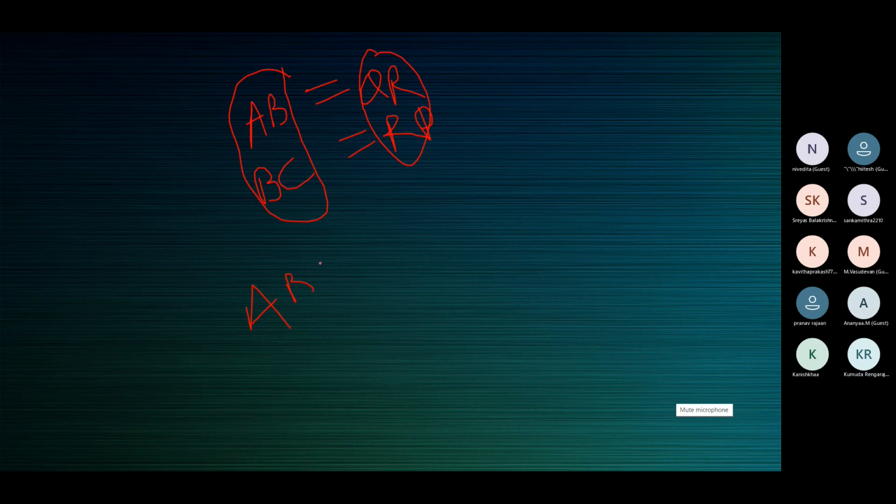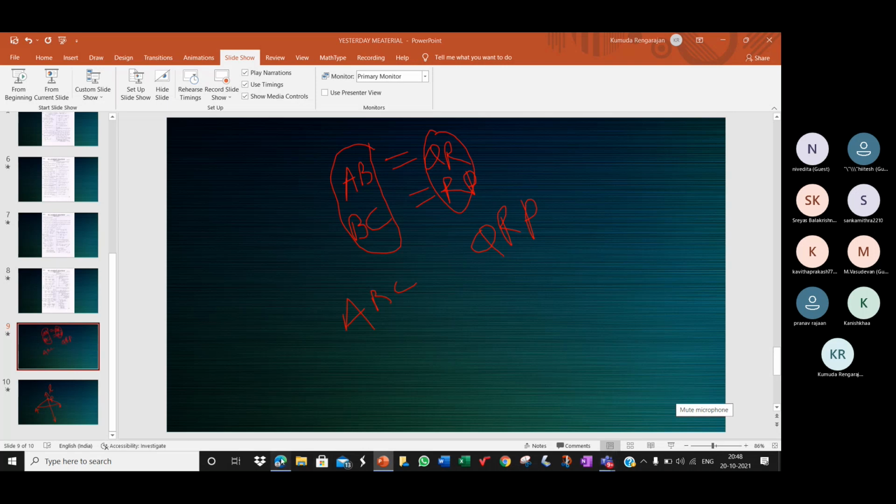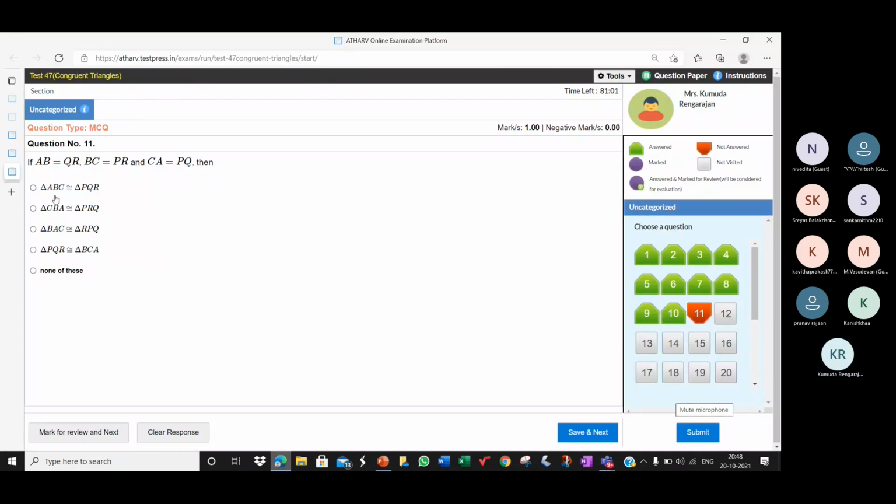ABC congruent to QRP. See here: AB, BC, ABC; QR, RP, QRP. So ABC PQR is wrong.